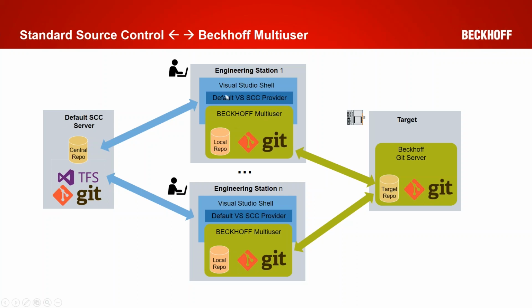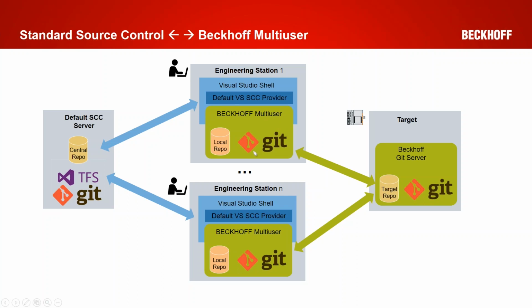Then you can see here the different engineering workstations from the different programmers, and if they go to the machine, if they go to the commissioning, they check out the latest version from the TFS, for example, or pull it from the Git. And this they are typically doing by using the default source control provider, which is integrated in the Visual Studio Shell. Next to this source control provider, we have integrated our multi-user functionality.